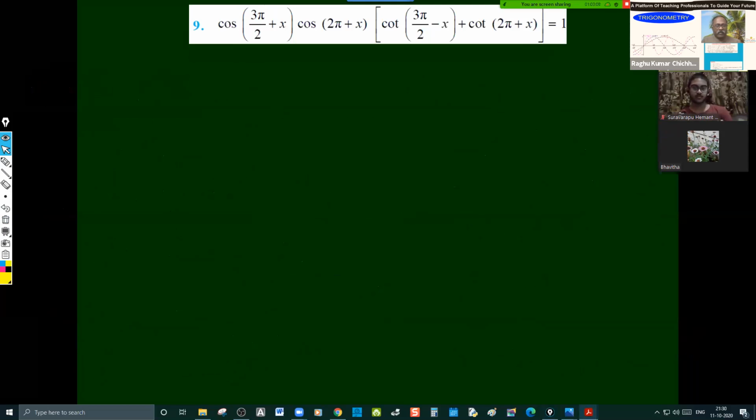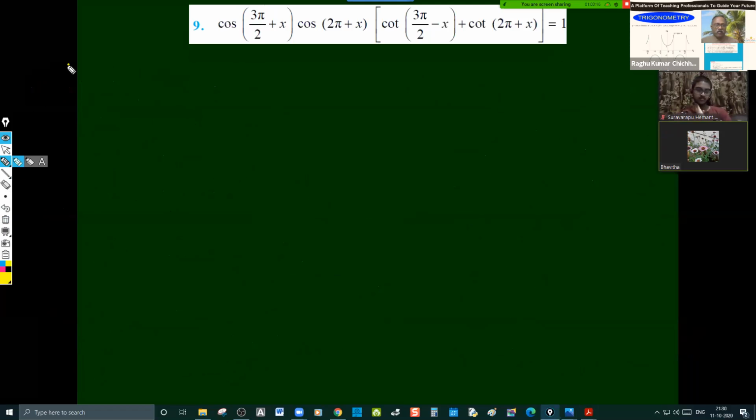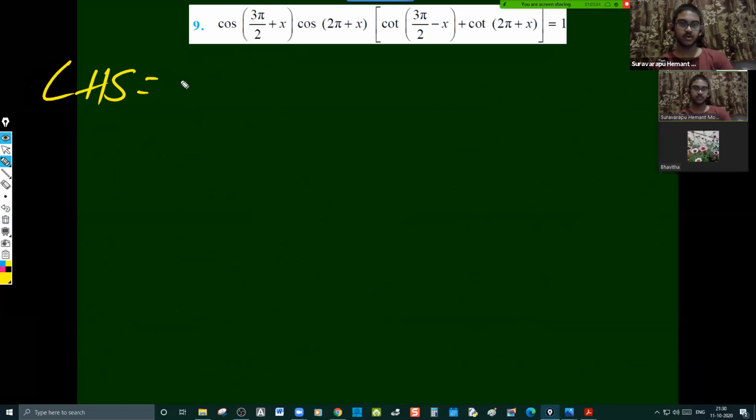Now let us finish up this. Tell me first: cos of 270 plus x. Fourth quadrant, so cos is positive.